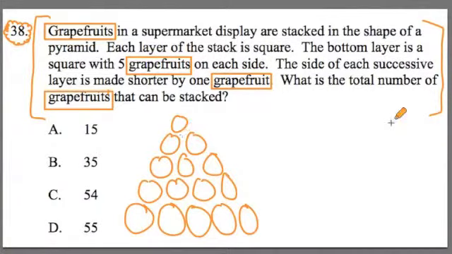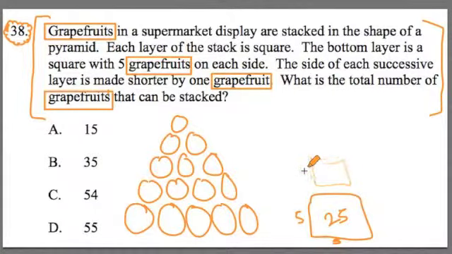Now this forms a pyramid, so it's 3-dimensional. This first layer here is a square with sides of 5 by 5. That means there are 25 grapefruits there. The next layer is a square of 4 by 4, meaning there are 16 grapefruits.